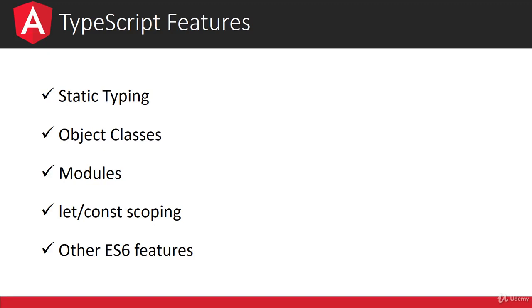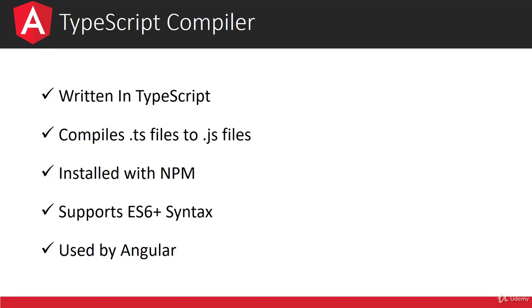We can also import and export modules with TypeScript. We have let and const scoping in place of var, as well as other ES6 Plus features like arrow functions, stuff like that. So it allows us to use the newer features of ECMAScript or JavaScript. So as I mentioned, TypeScript compiles down to regular JavaScript. We need something called the TypeScript compiler to do that, also called TSC.